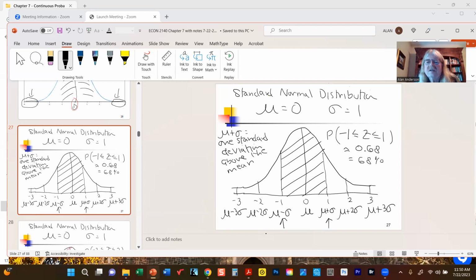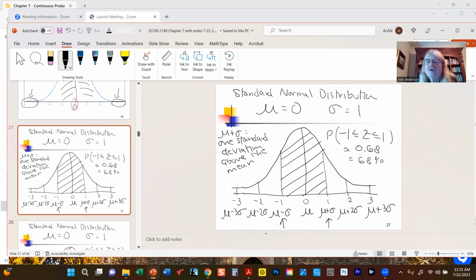So the probability that a standard normal random variable is within 1 standard deviation of the mean turns out to be approximately 68%, about 2/3. Okay. So the shading reminds me that this probability can be represented simply as the area under this curve between these 2 points.